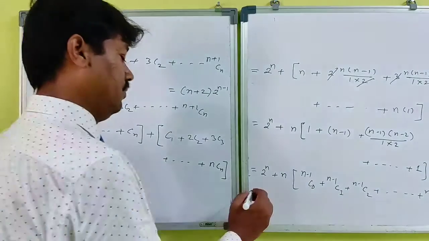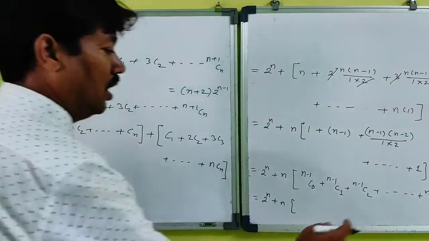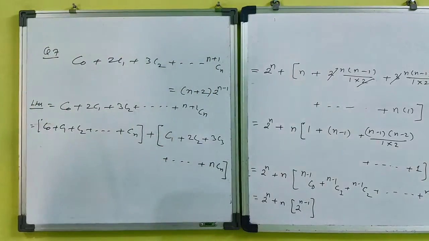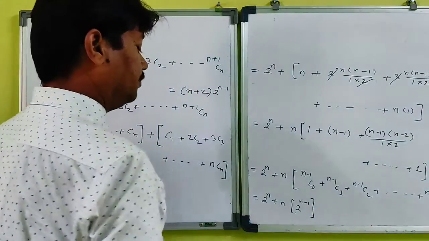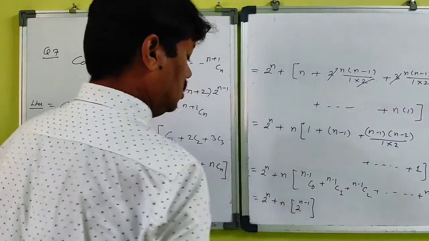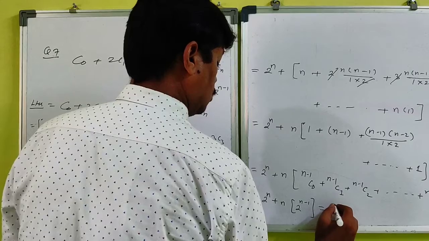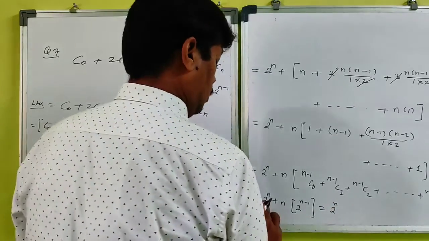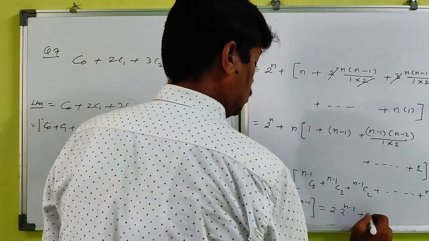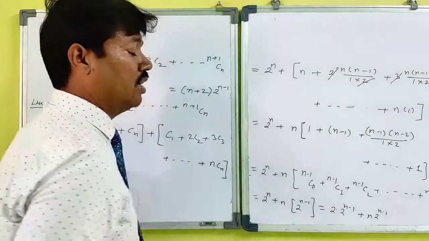Which is nothing but 2 raised to n plus n into 2 raised to whatever power is here, that is 2 raised to n minus 1. Now we can split 2 raised to n as 2 into 2 raised to n minus 1.